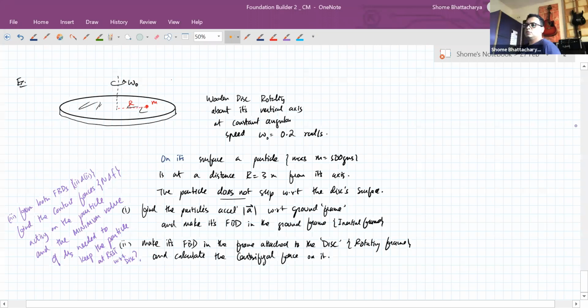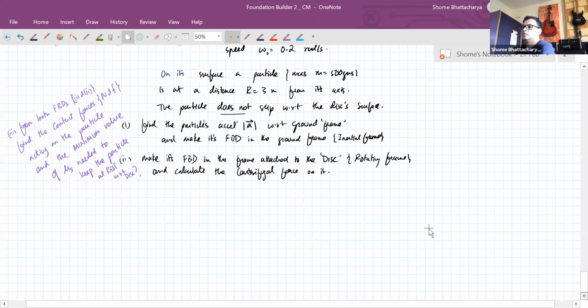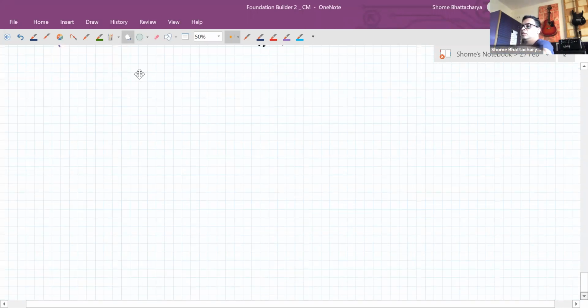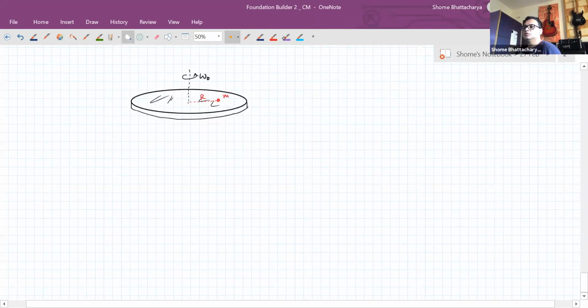Okay, so let's work out these two parts. So what we can see is that if we are looking at the particle from the ground frame point of view, so if we are a ground frame observer, then what we are observing is the particle in a circular path like this.